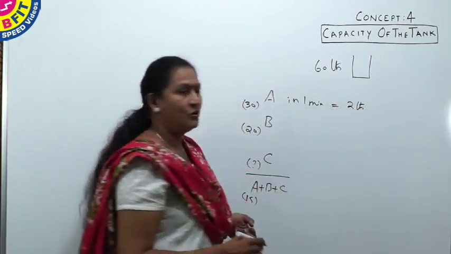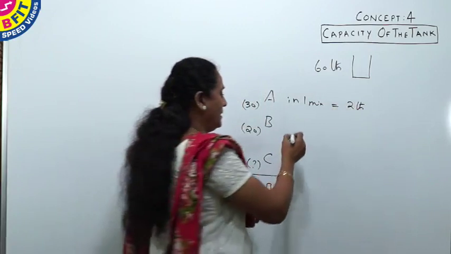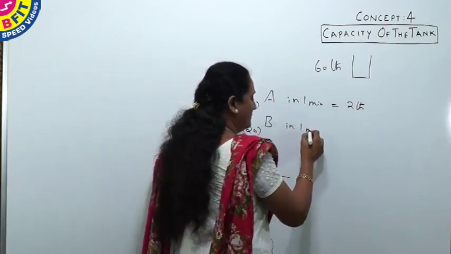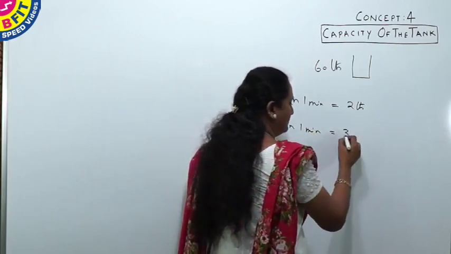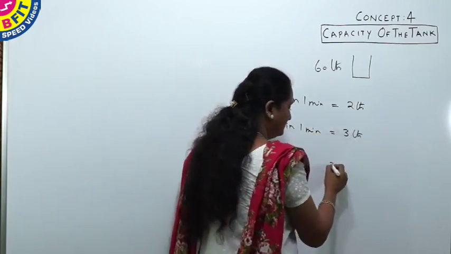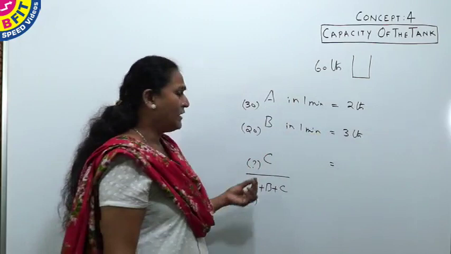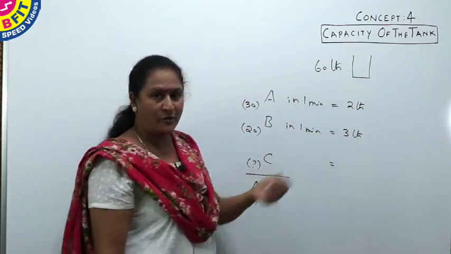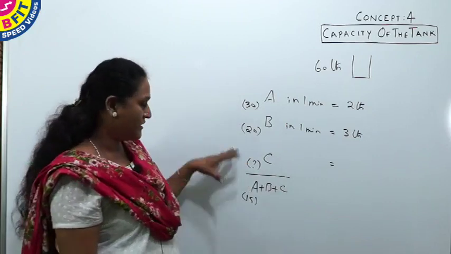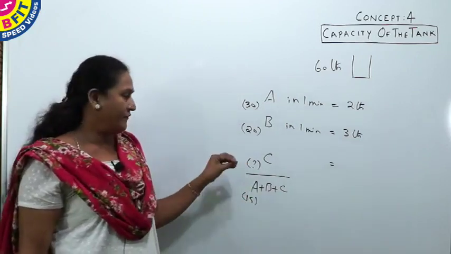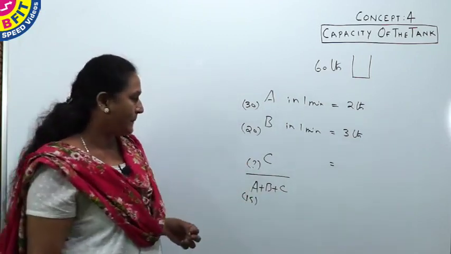A can pour 2 liters, and B in 1 minute can pour 3 liters. And how many liters C can pour cannot be found because the efficiency of C is not given. So with this data we can find the efficiency of C.